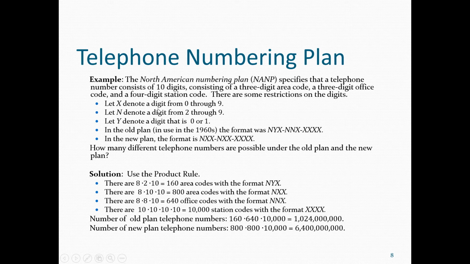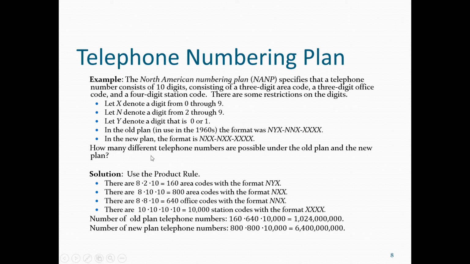Let x denote a digit from 0 to 9, N denote a digit from 2 to 9, and Y denote a digit of 0 or 1. In the old plan, the format for the area code was NYX, the 3-digit office code was NNX, and the 4-digit station code was XXXX. In the new plan, the format is NXX, NXX, and XXXX.